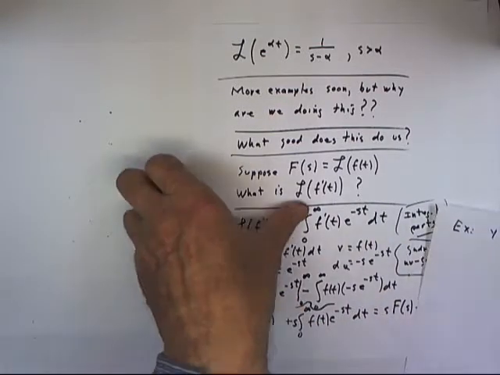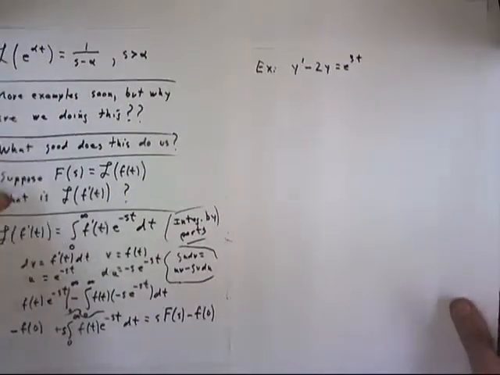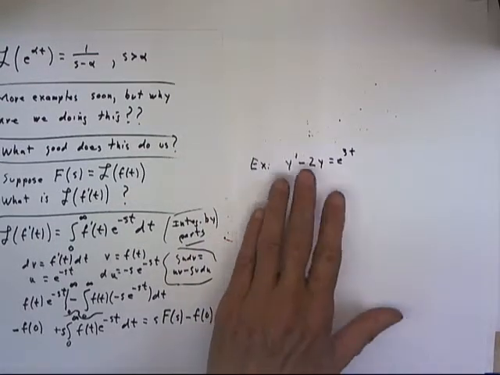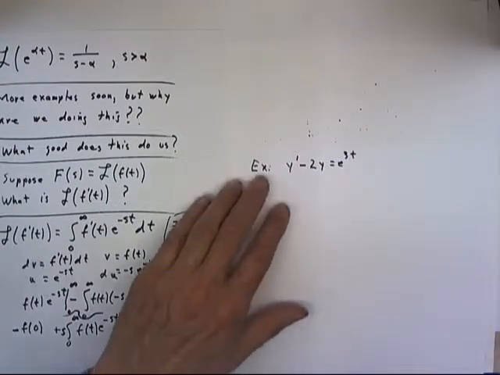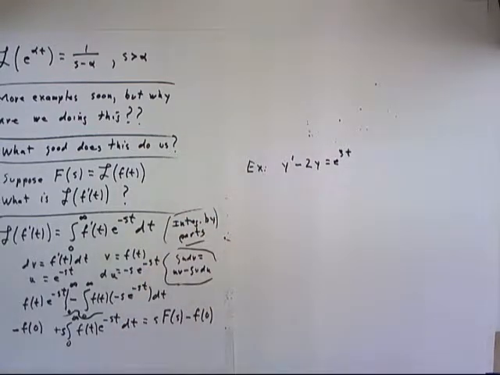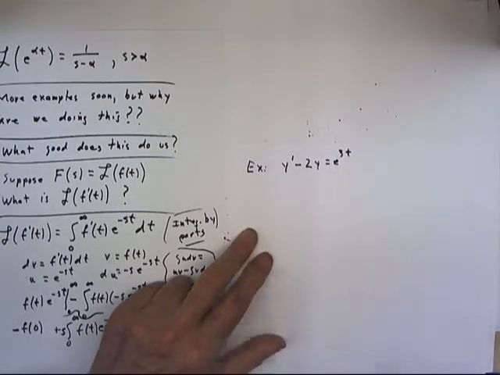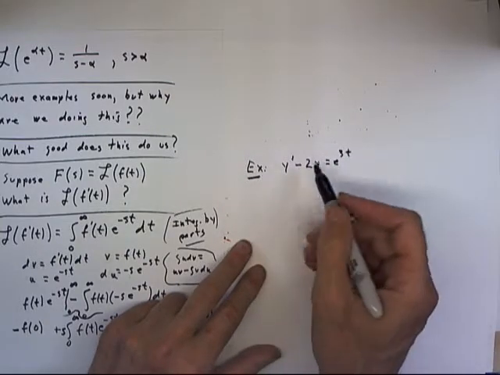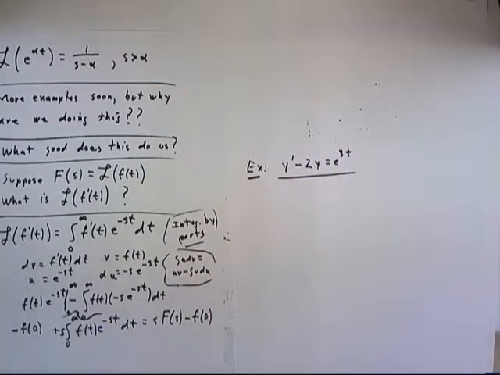So we have enough information at this point to transform this very simple basic equation. Of course, we can easily solve this equation, use integrating factor e to the negative 2t, and so forth. Simple non-homogeneous first order equation. But remember, it took a little while to understand how that integrating factor worked.